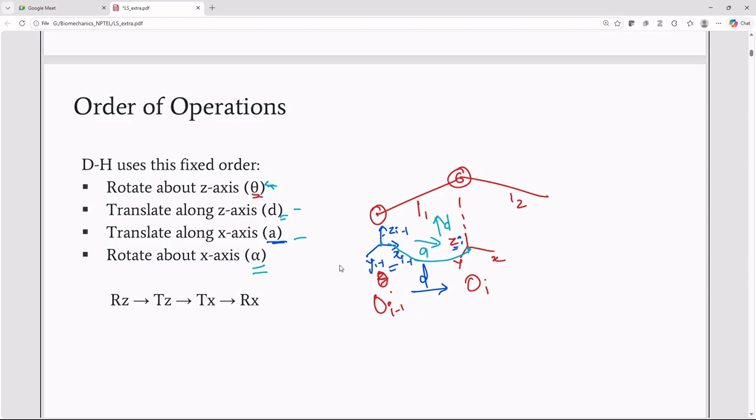Then we will be rotating it along the x-axis to match the axis. So this is the order: rotation about z, translation along z, translation along x, and rotation about x. This will be the order of operations we will be doing to find the relationship between the two transformation matrices.